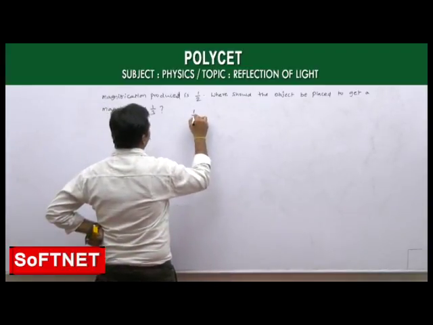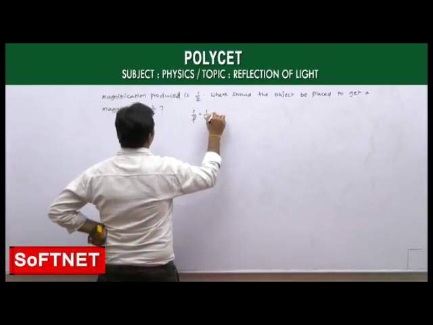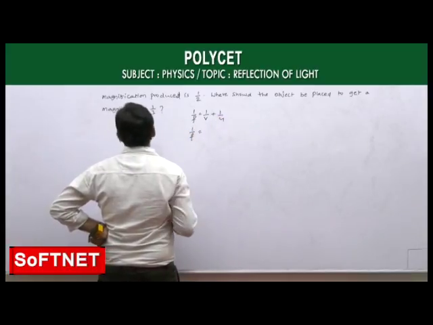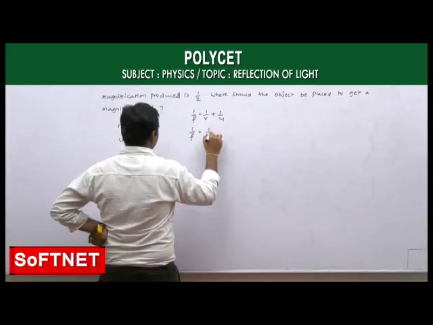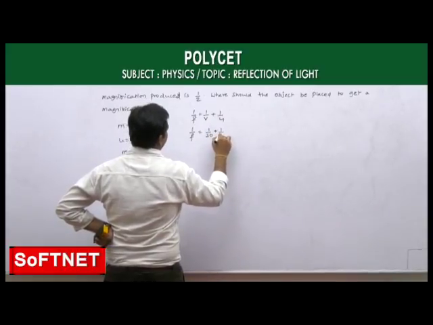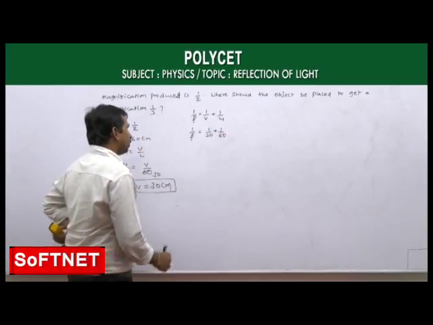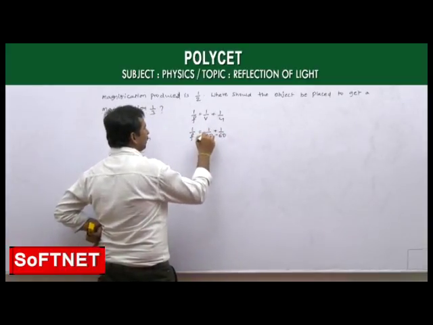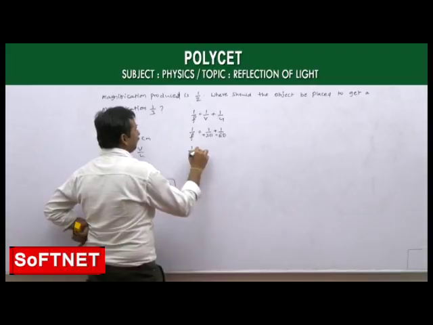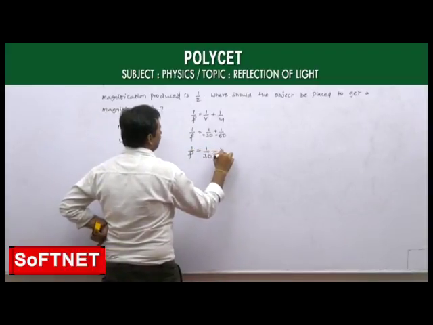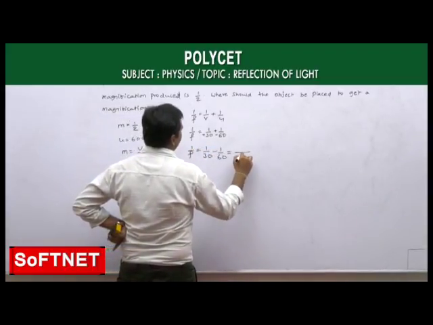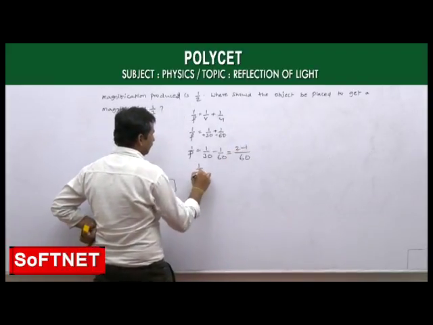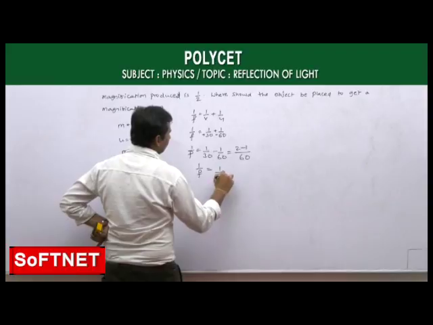Then from the mirror formula, 1 by f is equal to 1 by v plus 1 by u, then 1 by f is equal to, the v value given is 30 and the u value is 60. Then according to the sign convention, object distance is minus, image distance is plus here for the convex mirror. Then 1 by f is equal to 1 by 30 minus 1 by 60, which, if you take the LCM as 60, is 2 minus 1, then 1 by f is equal to 1 by 60.